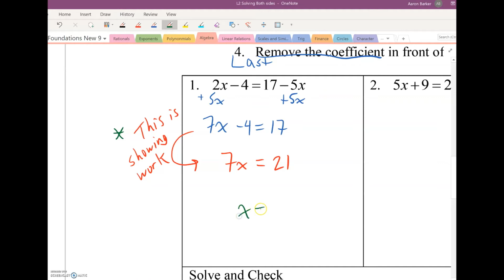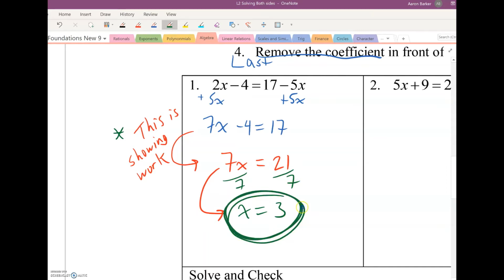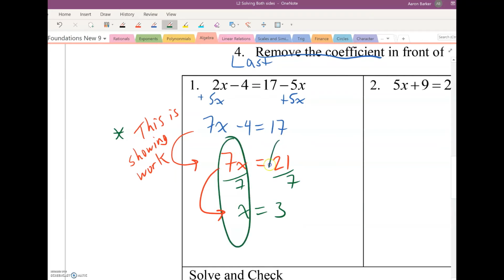So x equals 3. Again, this is showing work. Why? Because I know that I divide by 7 on both sides because of how the line changed. And this is also why it's important to line this side up and this side up so it's easier to see changes.